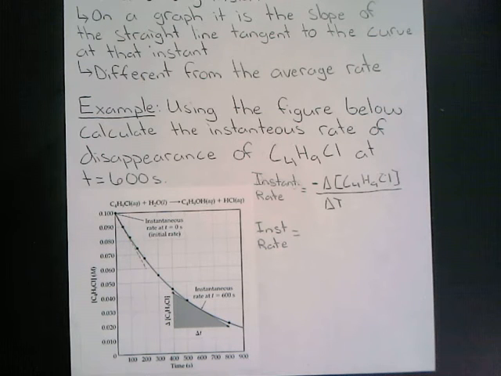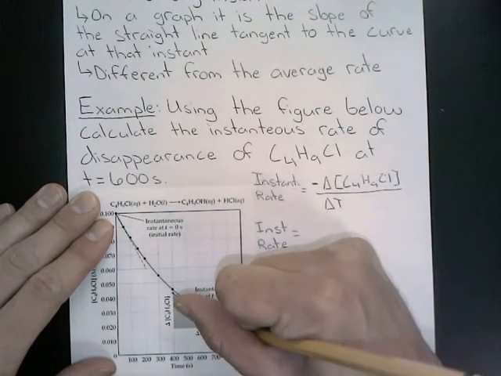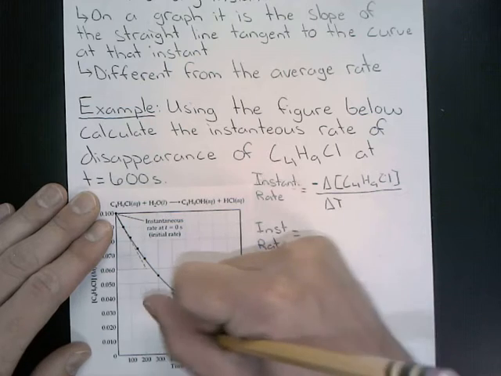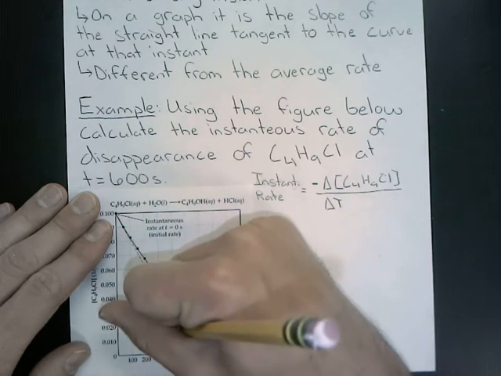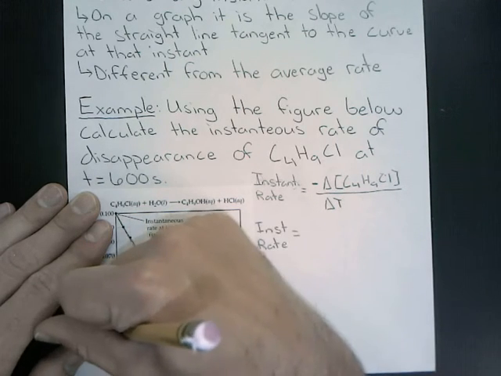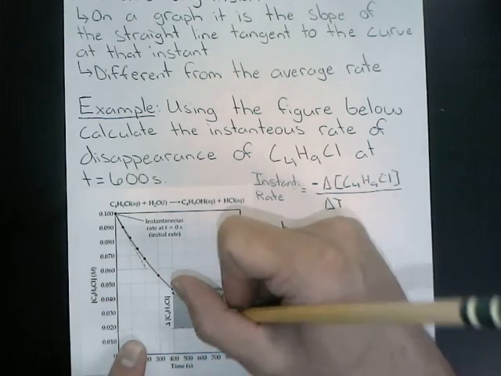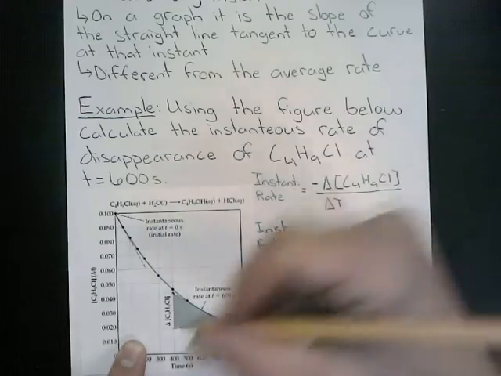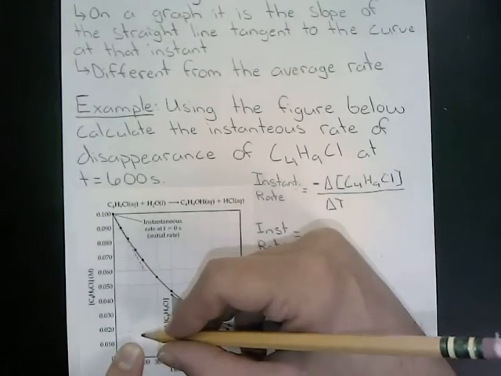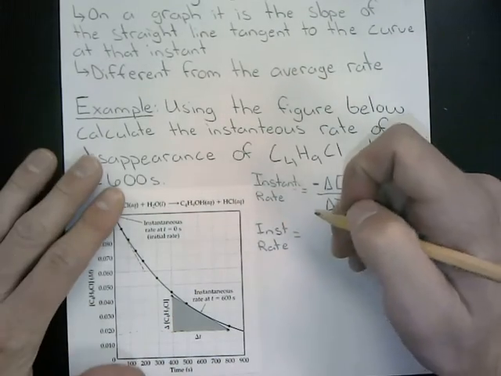I'm going to do my best to estimate our values here, but we're going to start with this particular concentration. And so if you would draw a dotted line all the way over, and again, this is an estimation, but I'm going to estimate that concentration right here to be, let's say 0.017.